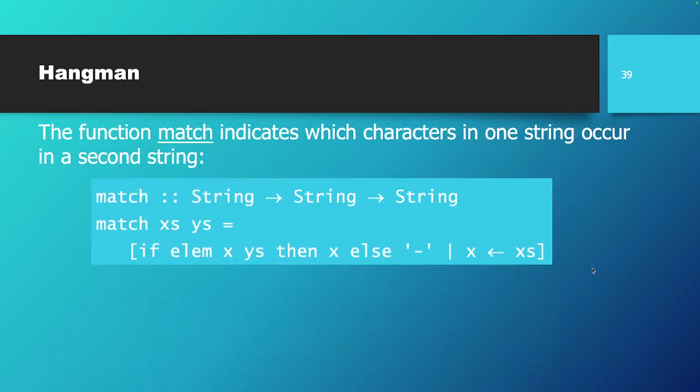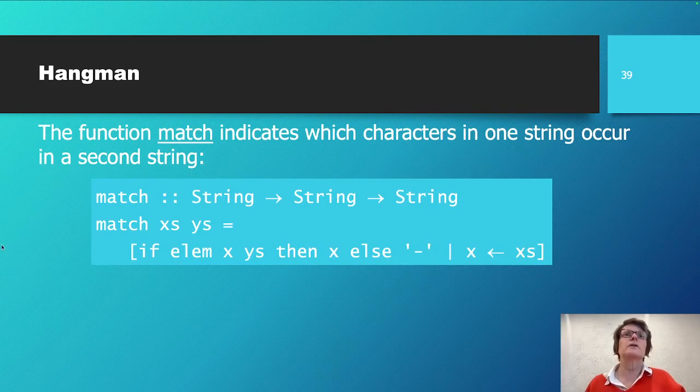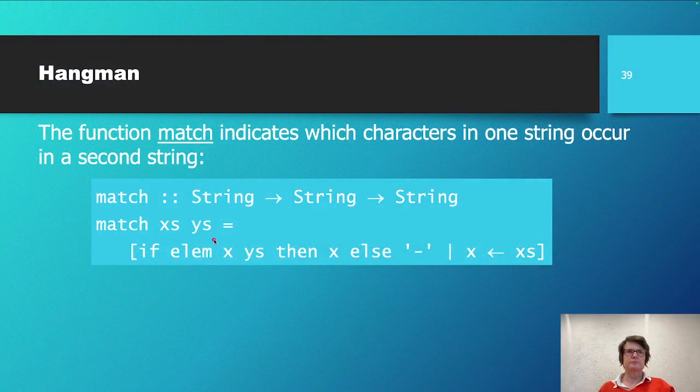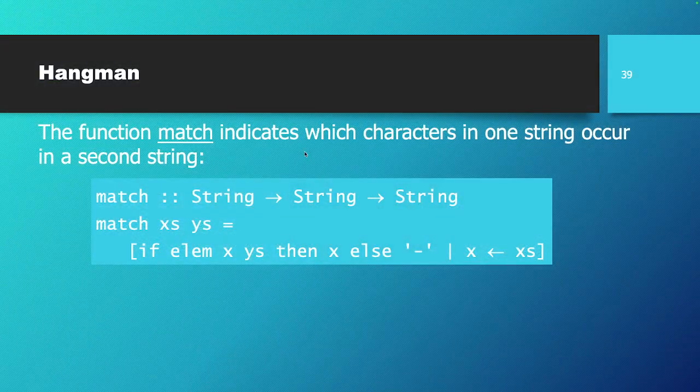So what does match do? Okay, so this is really nice, using our list comprehension here. So we have XS and YS. Now, if we look at the way it's called before this, sorry, I'm looking at the wrong one.